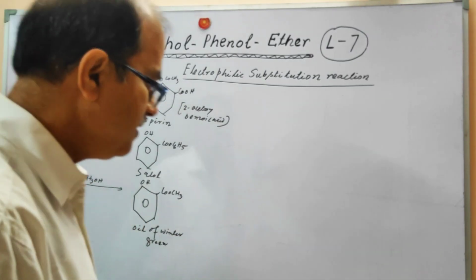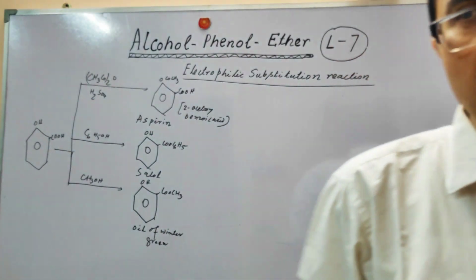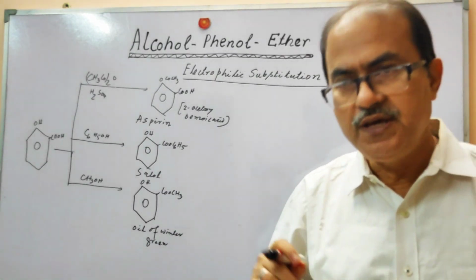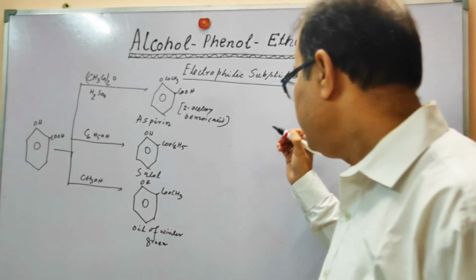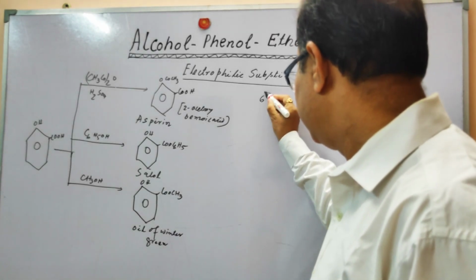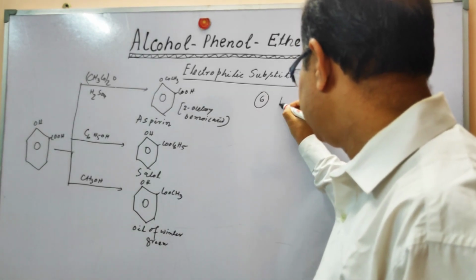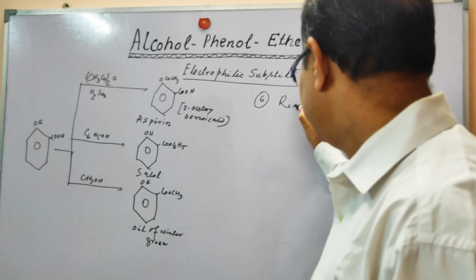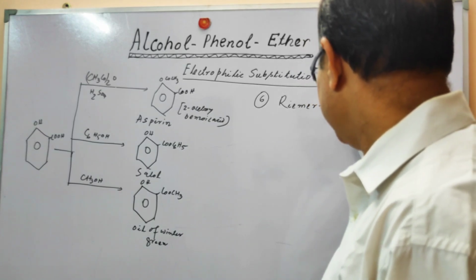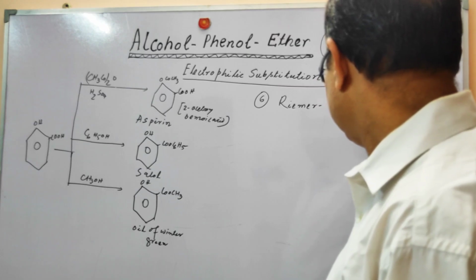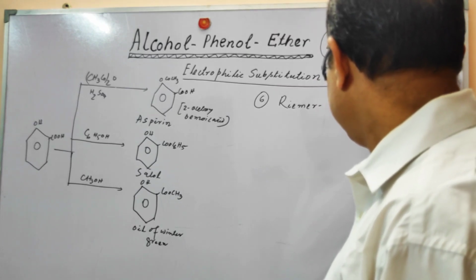Okay, so we understand the Kolbe reaction and how salicylic acid is used in different applications in our day-to-day life. Now there is the sixth reaction that we are going to discuss, the Reimer-Tiemann reaction.